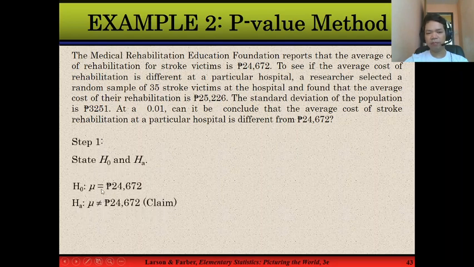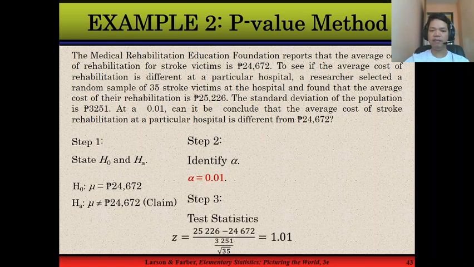At yung ating null hypothesis, syempre equal. Then ang claim, di ba? Yan nga, sabi nga rito, can it be concluded that the average cost of stroke rehab is different? So nandun yung claim. Okay, next, step 2. Alpha level laging given at 0.01. So yan, at 0.01.